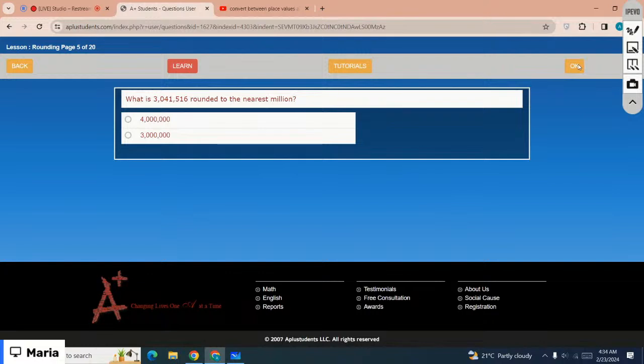What is 3,041,516 rounded to the nearest million? Which is the correct option?